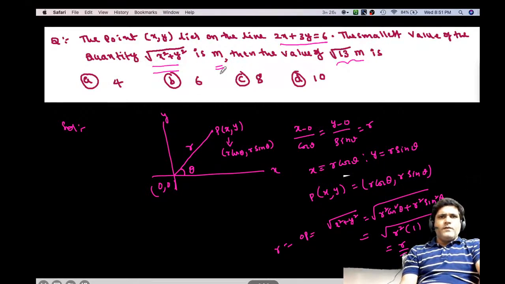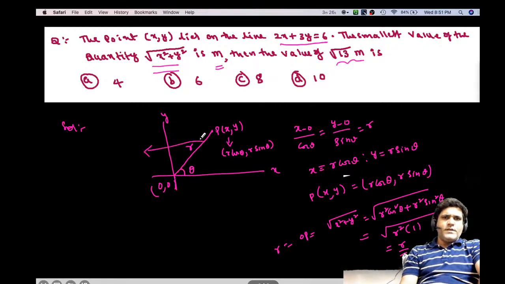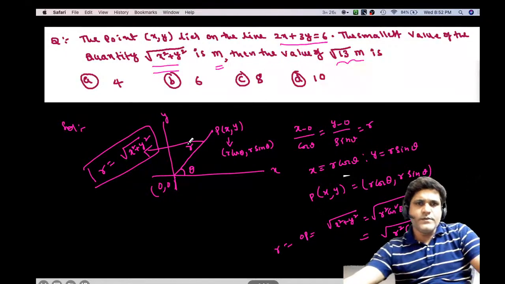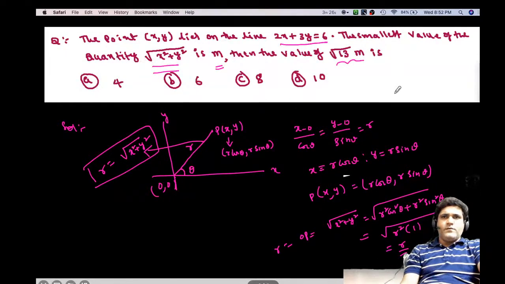The smallest value of this quantity means: if you find the distance between the origin and (x, y), it is the square root of x² + y², which here is r. What is the question? The smallest value of r we need to find. Therefore r minimum is the question.